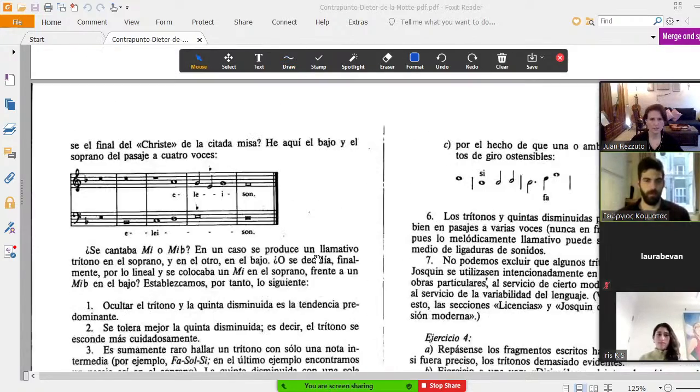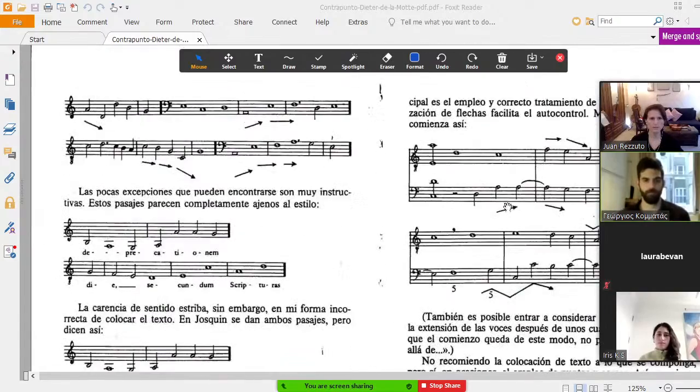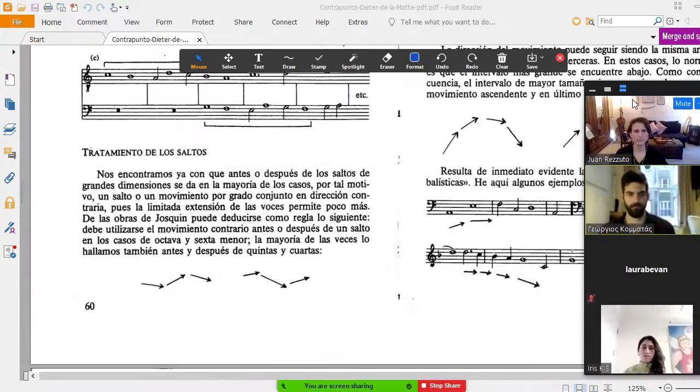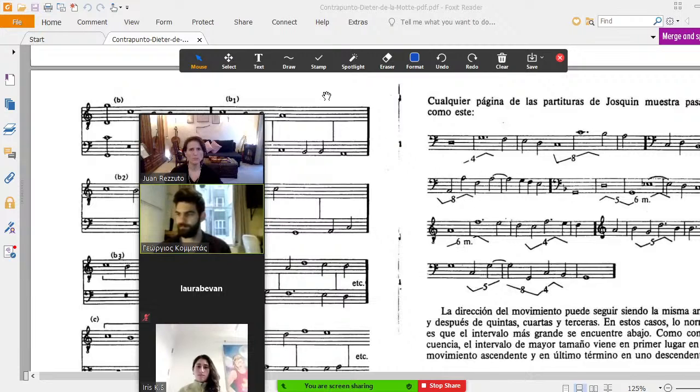The second thing we had to take into account is the compensation of the leaps. These are the leaps. Now, the bigger the leap, the longer the value.